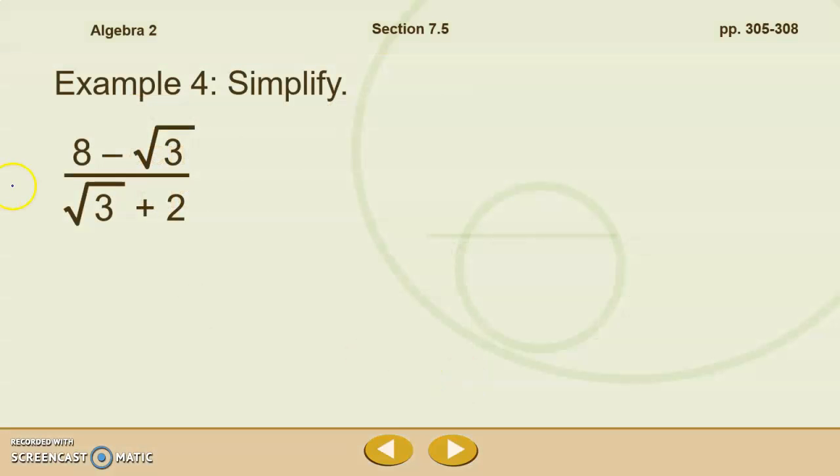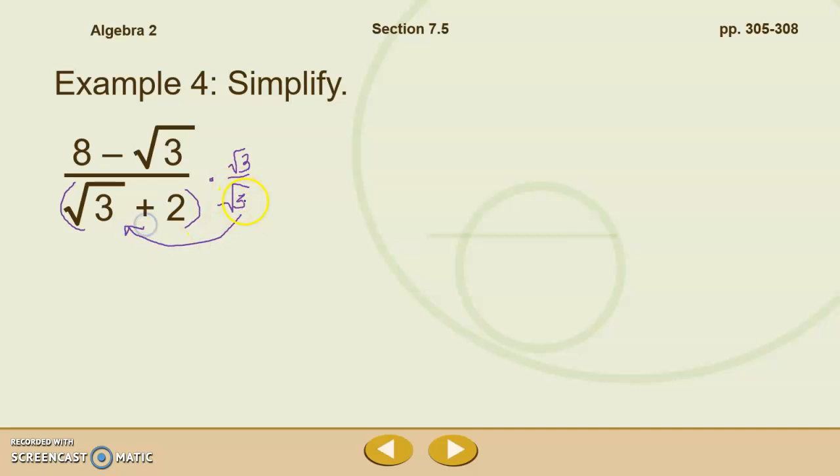With this example, we've got 8 minus the square root of 3 divided by the square root of 3 plus 2. Now your first instinct might just be, okay, we need to get rid of the square root of 3, so let's multiply that by the square root of 3. Here's the problem. When we multiply this by the square root of 3, we've got to distribute.